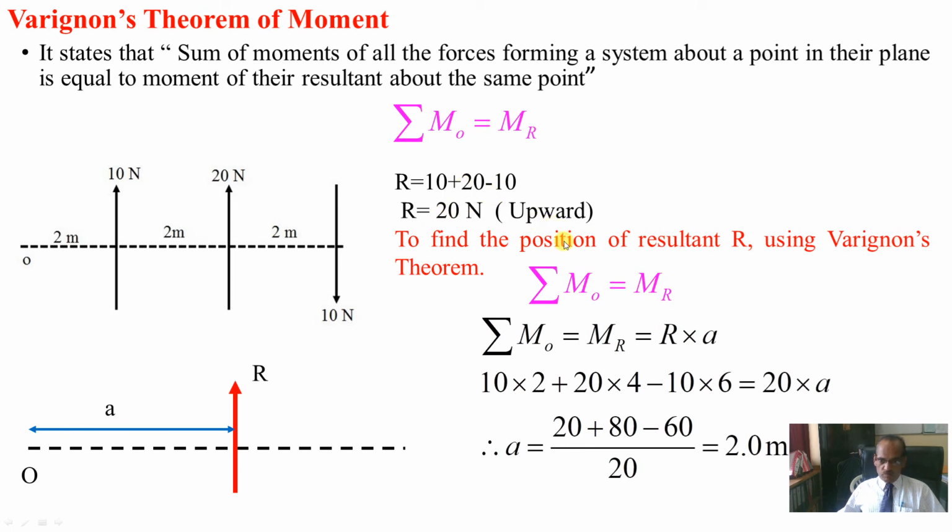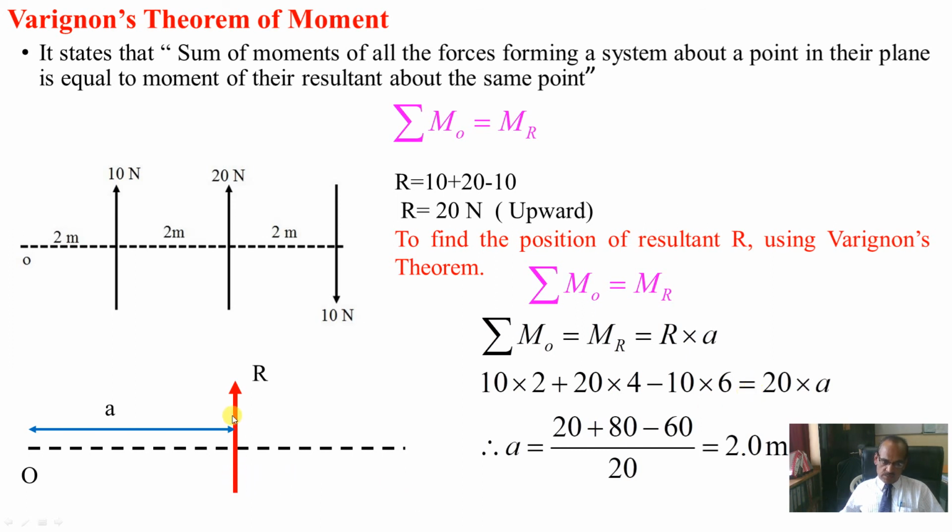So to find the position of the resultant using Varignon's theorem, we have already done this: 10 into 2 plus 20 into 4 minus 10 into 6. This is the moment of all forces, which will be equal to the moment of the resultant.